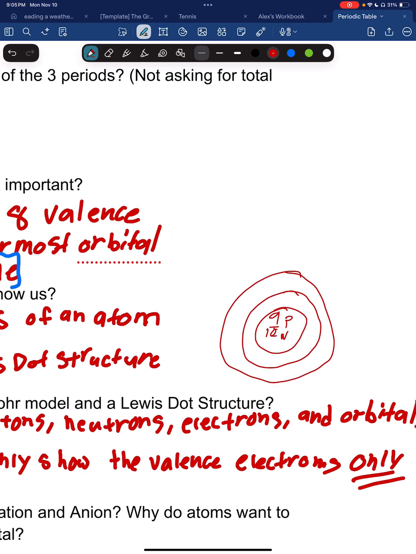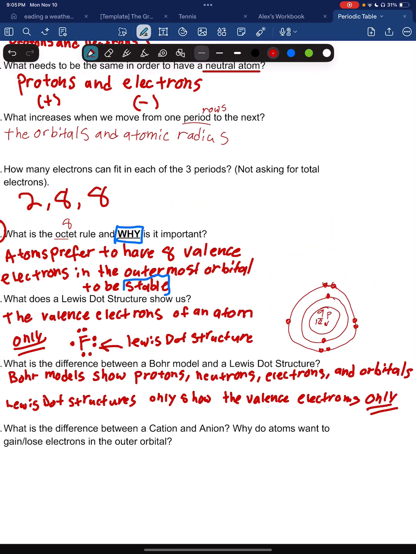We would also then fill in our orbitals. So we go 1, 2, 3, 4, 5, 6, 7, 8, 9 electrons. Okay. You know, here is your Bohr model.